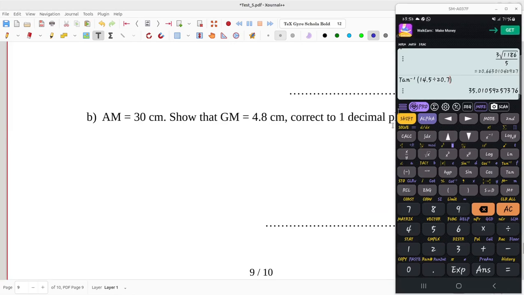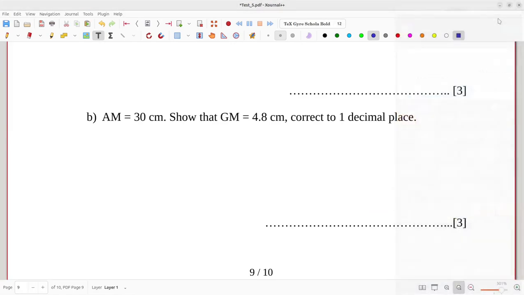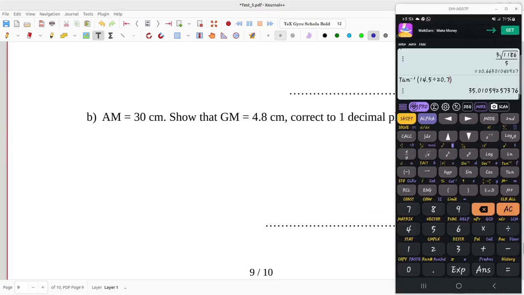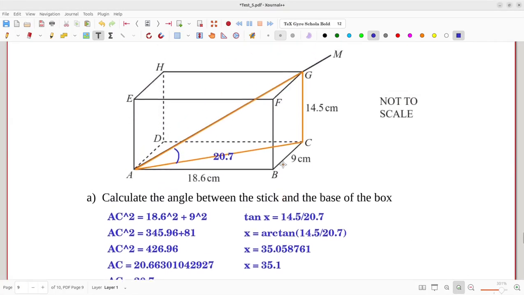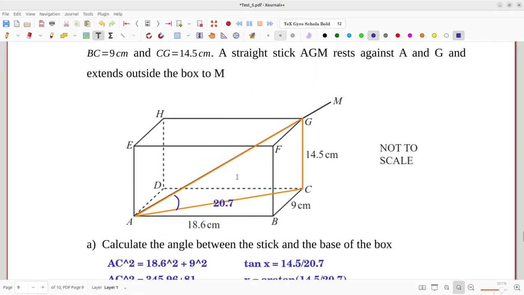Now this question requires us to do what? Let's hide this guy just a moment. Show that GM is 4.8 if AM is 30. We need to find side AG.